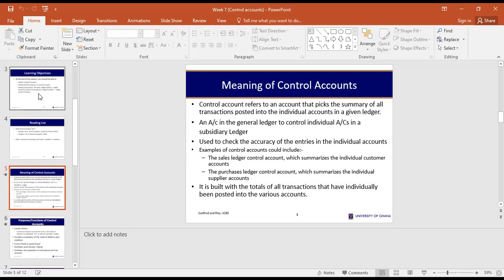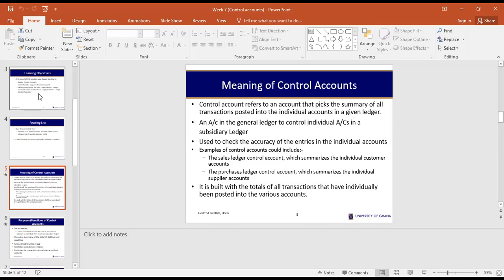So the control account is supposed to summarize the whole account for you so that you understand how to go about them. That's the essence of the control account, and also to make corrections in the account, and also to make sure that there's no fraud.